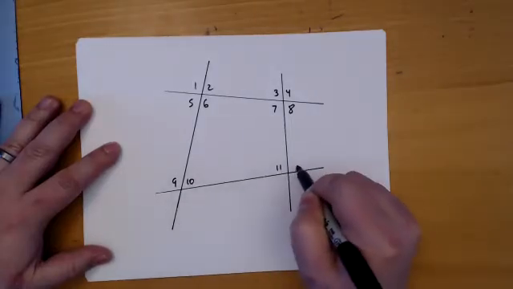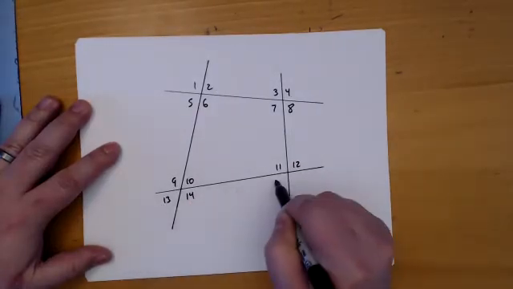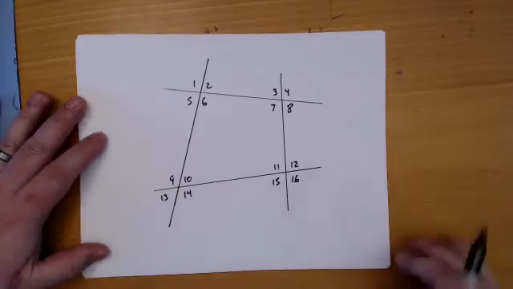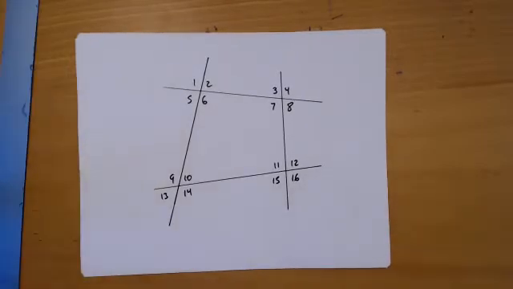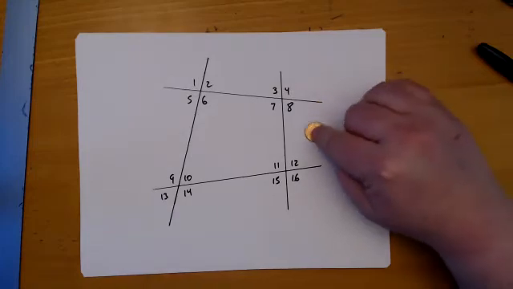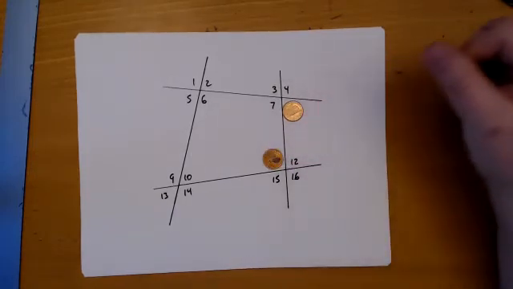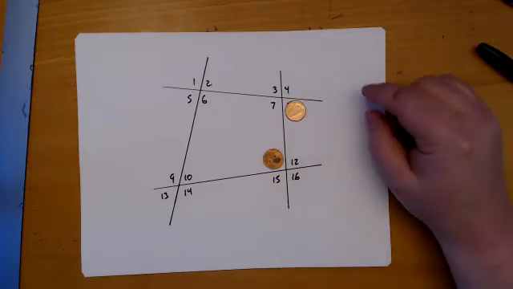Like I said, don't bother copying it. All right. So here's the way I want this to go. I'm going to put a pair of pennies down on the diagram.